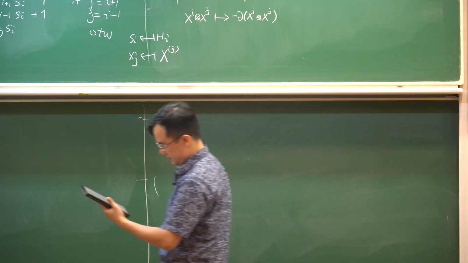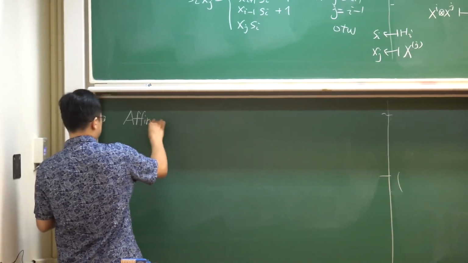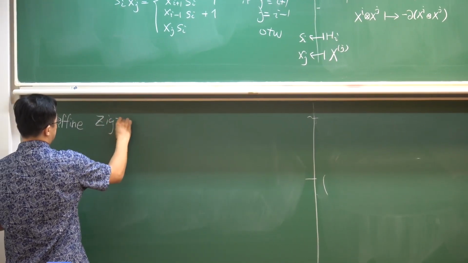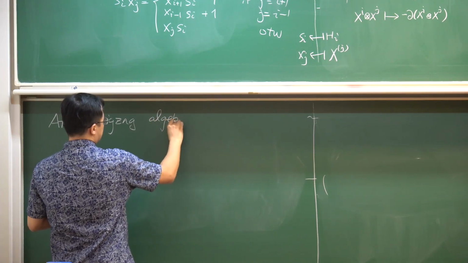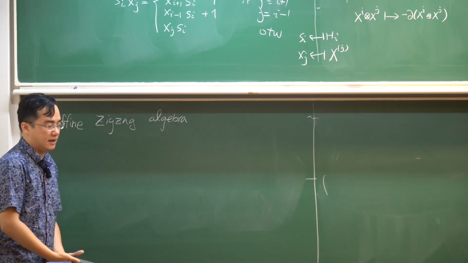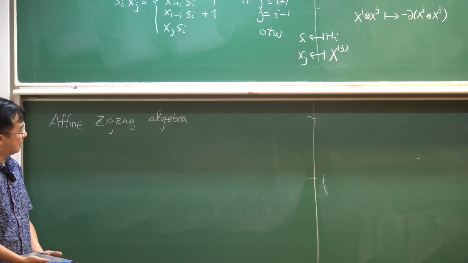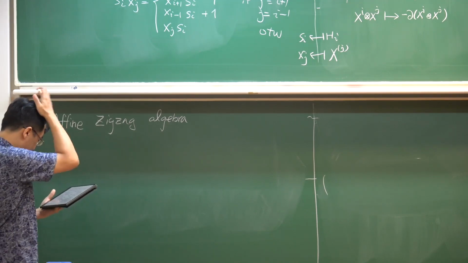Okay, so here is something probably less known. This is the affine zigzag algebra. They were used recently by Kleshchev and Muth to study the imaginary strata of the KLR algebra.